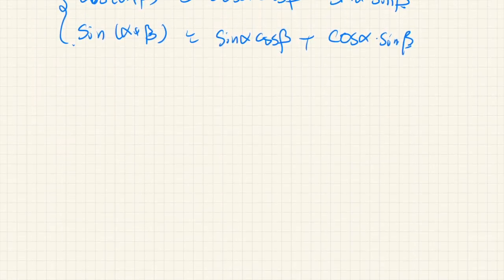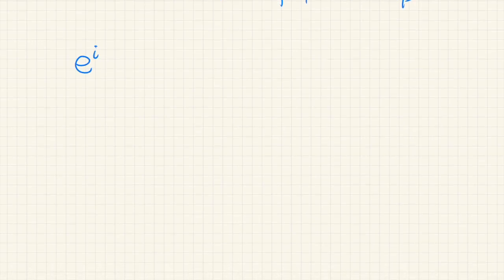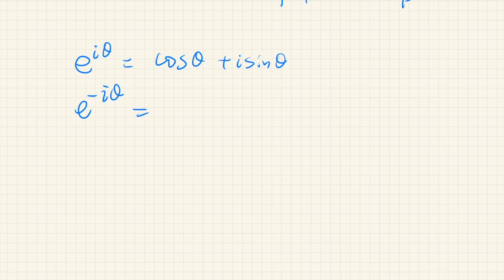And also, the exponential of i theta is cosine theta plus i sine theta, and the exponential of negative i theta is cosine theta minus i sine theta. Remember, cosine is an even function and sine is an odd function.